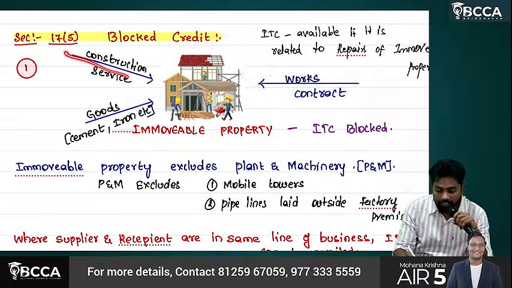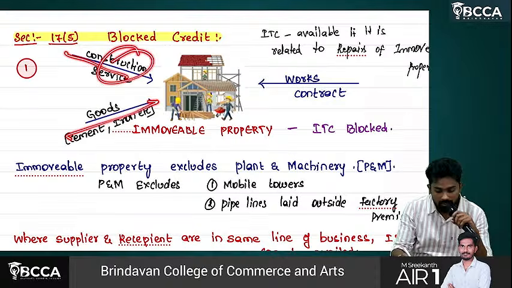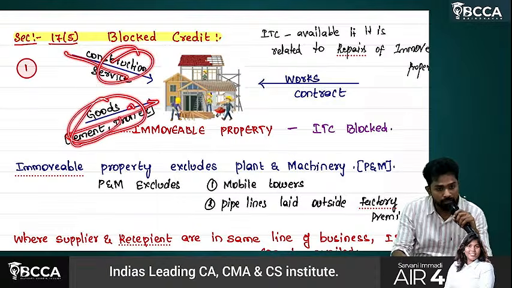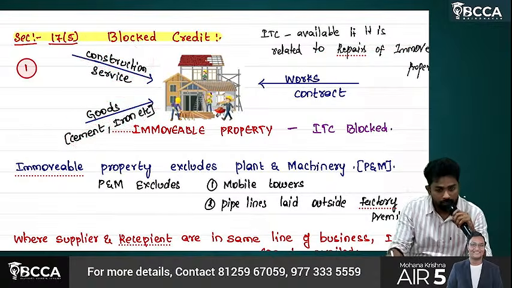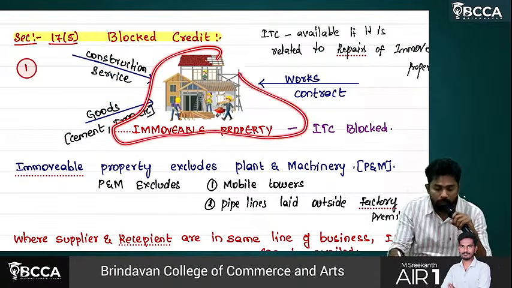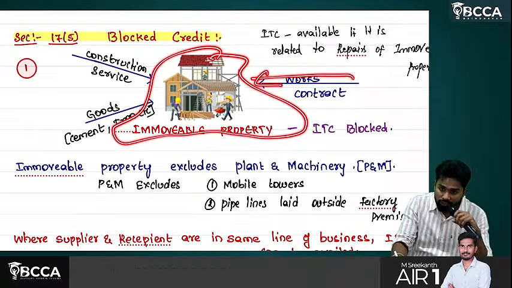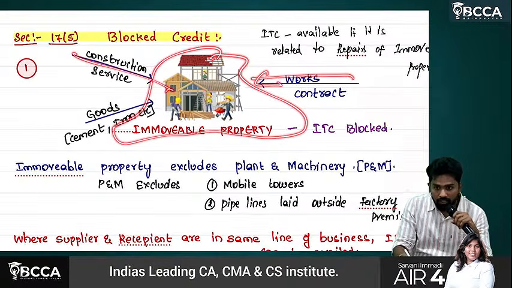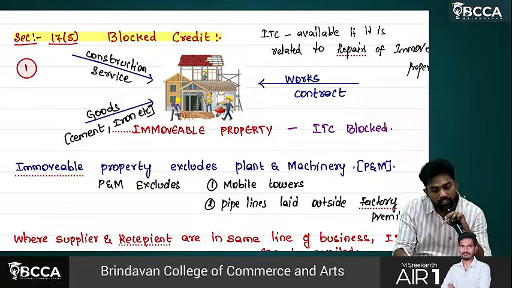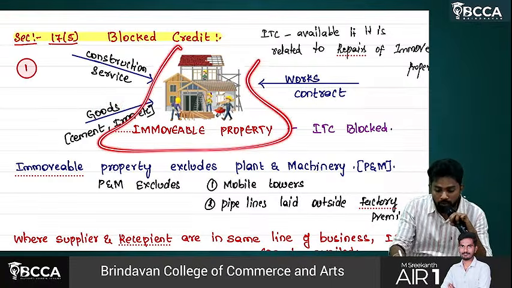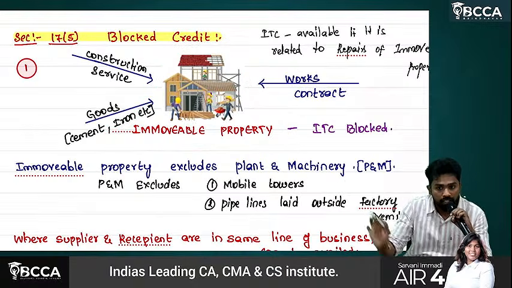Or you might have taken them separately: construction service, and goods like cement, iron, separately. Any way you take, you will not get ITC. With respect to immovable property, either you take a works contract, or construction service separately, or purchase cement and iron separately, in any case you will not get ITC.